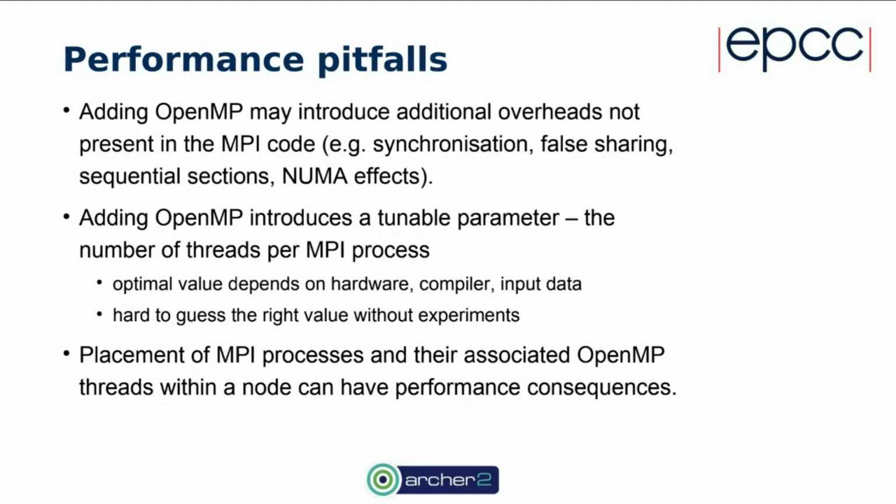It usually makes very little difference how the MPI processes are bound to cores within a node. But once we get to hybrid, then it does matter. Particularly with NUMA architectures, it's important that all the OpenMP threads that belong to the same process are running in the same NUMA domain, or on the same socket, for example.